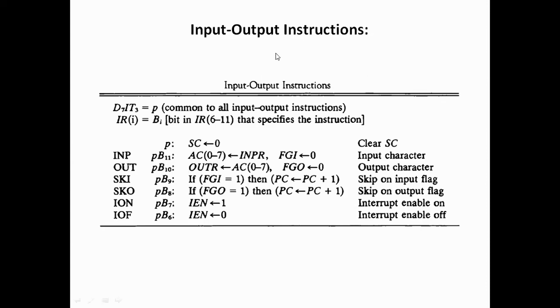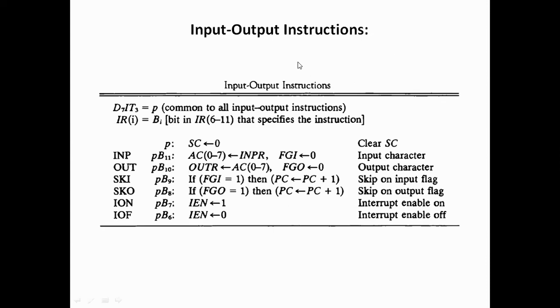So how will that be done? If something is coming from the keyboard, it will go to the input interface. Then from that input interface, the character will move to the input register of the processor. Fine. So if something is coming from keyboard, first it will go to the input interface of the keyboard.